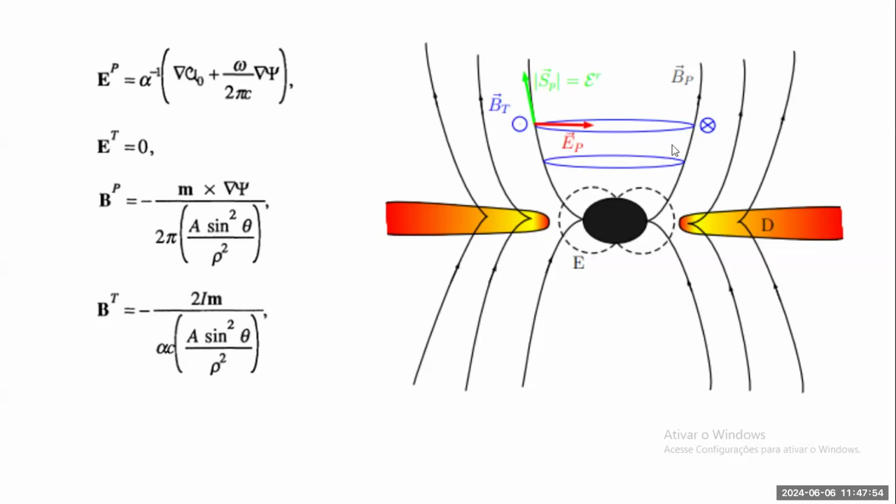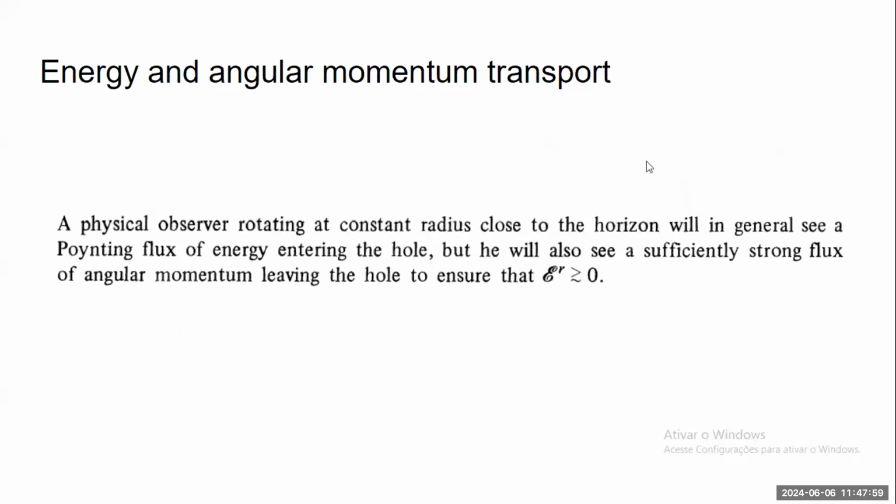Due to this magnetic and electric field configuration. Of course, this is an excerpt of the Blandford paper. So we, as external observers, see a strong flux of energy coming out due to this mechanism that I commented on here now, right?